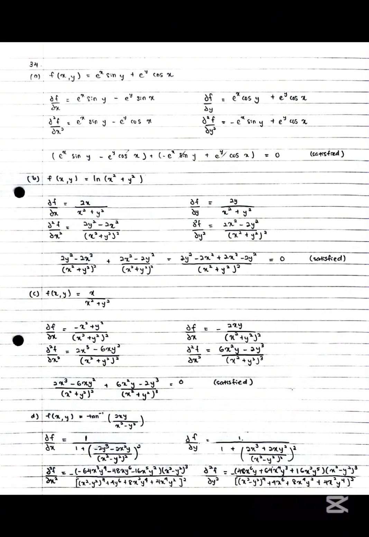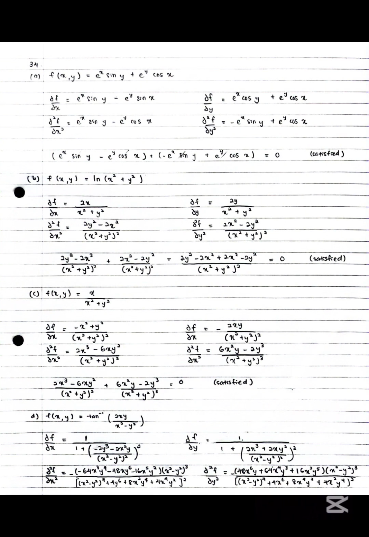Differentiate it twice, and we get −eˣ sin y + eʸ cos x. Substitute the values into the Laplace equation, and we get 0, and it is satisfied.